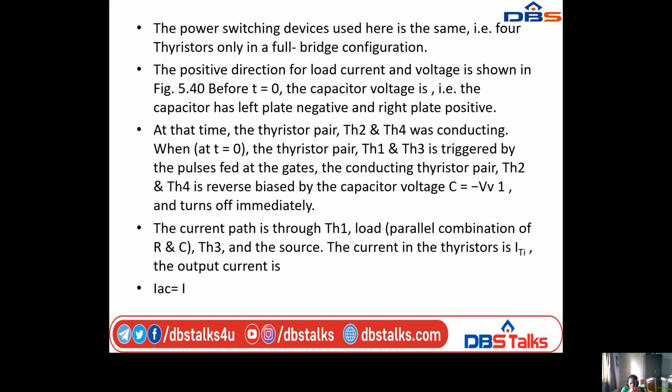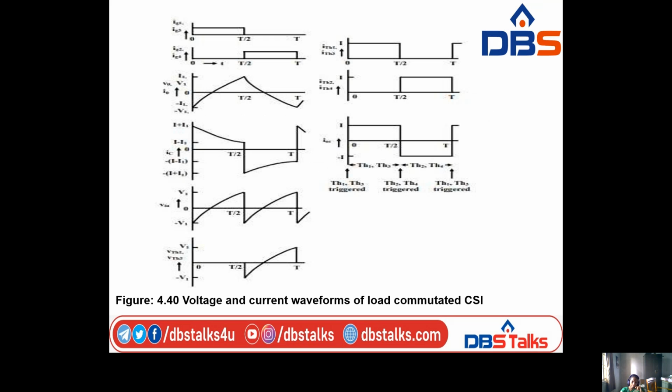Here the current path for TH1 and TH3 is from TH1 to the load, and from the load to TH3 and then to the source. The thyristor current is iT, and the output current is i0 equal to I. Here we have to see the voltage and current waveforms for the load commutated CSI.